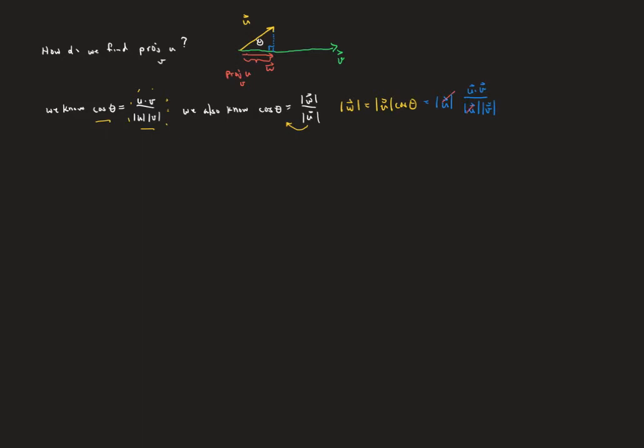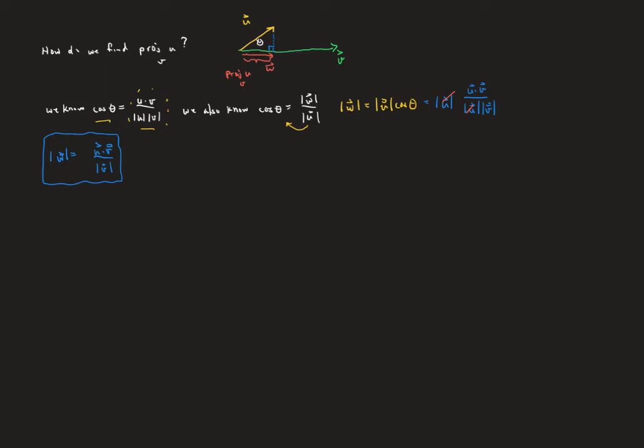And so what we're getting is that the magnitude of our projection vector is U dotted with V over the magnitude of V. That's a big first piece of this puzzle. So that's telling us the length of that red vector that we can see up in the picture.